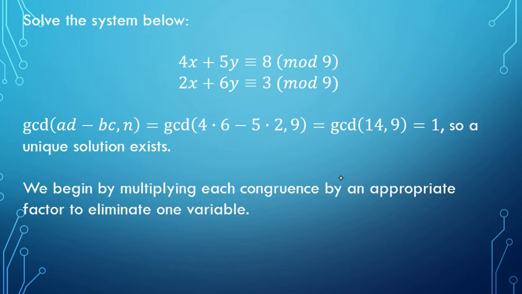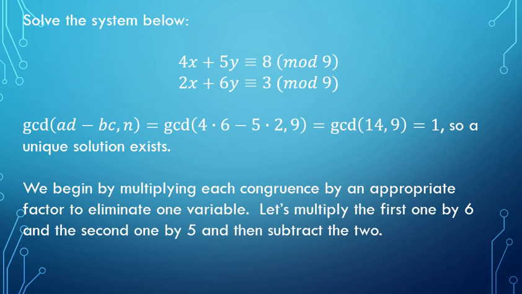So, as I just said, we begin by multiplying each congruence by an appropriate factor to eliminate one variable. For this particular problem, I'm going to multiply the entire first congruence here by 6, and then the second one by 5, and I'm going to subtract the 2.